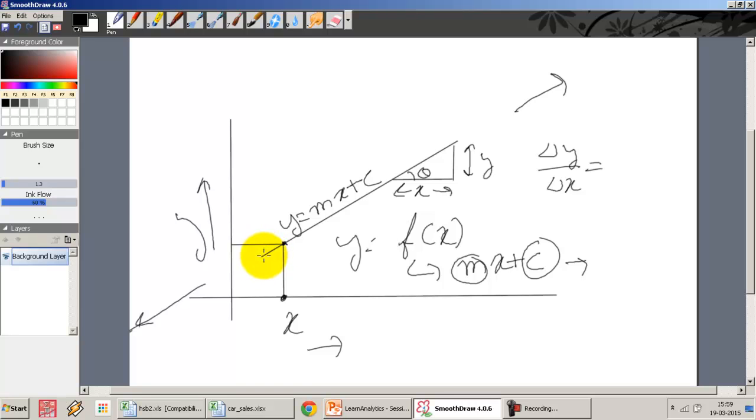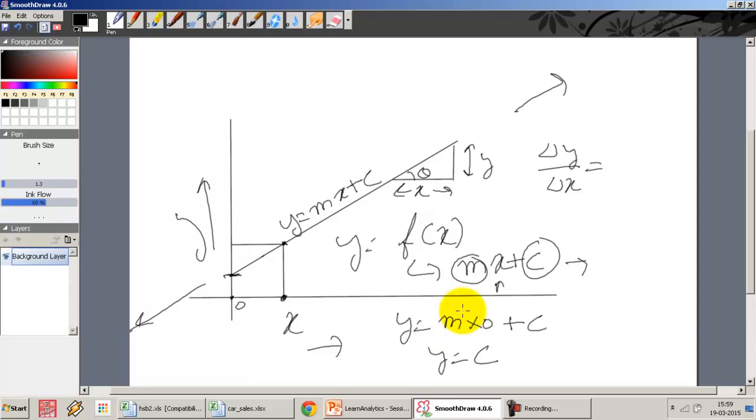So if I extend this line, it intercepts the y-axis. The value of x at this point is 0, as at the origin. So if I put the value of 0 into this equation, y becomes m into 0 plus c, which essentially says y is equal to c.